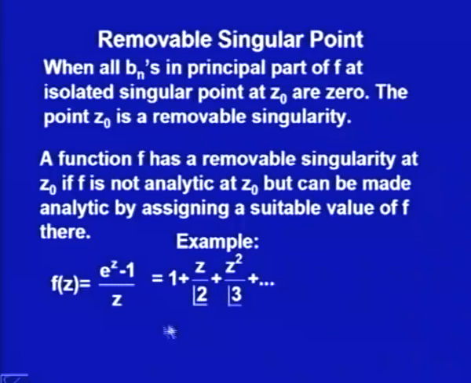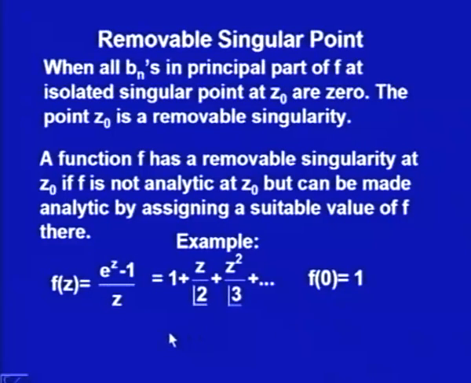The function is not defined at 0, that is why it is singular. So if I define f of 0 as 1, then the function is analytic. You can check that the function f of z equals e to the power z minus 1 upon z for all z not equal to 0, and equals 1 for z equal to 0, is an analytic function.